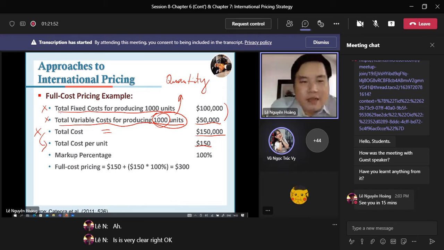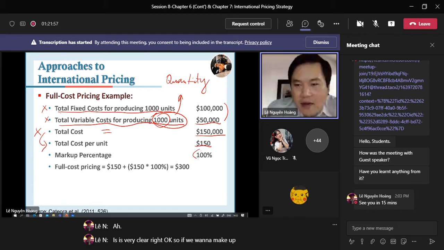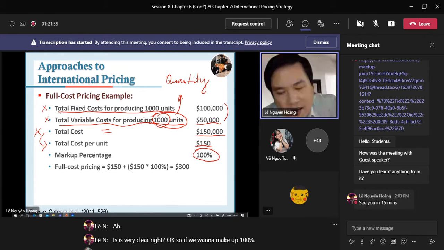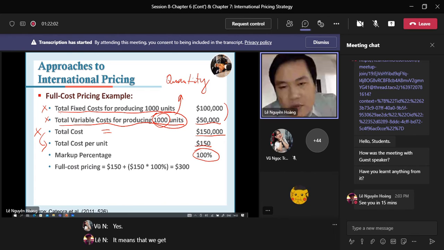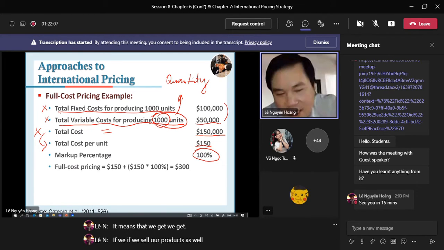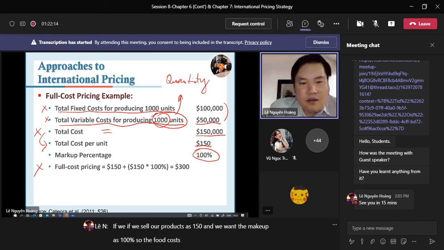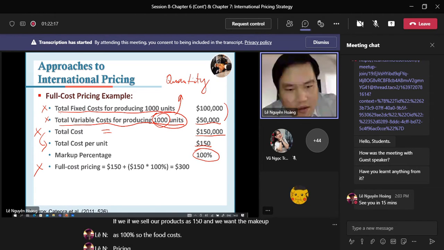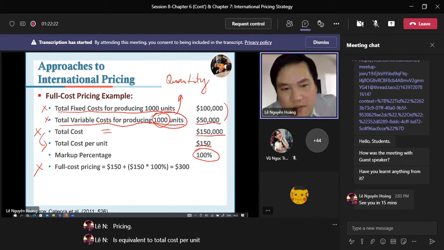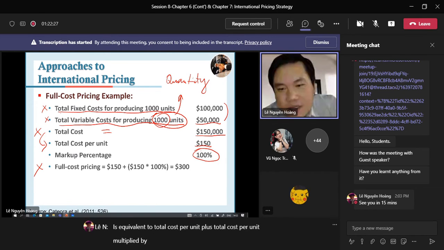So if we want to make up 100%, meaning we sell our products at 150 and want a 100% markup, the full cost pricing is equivalent to total cost per unit plus total cost per unit multiplied by the markup percentage.